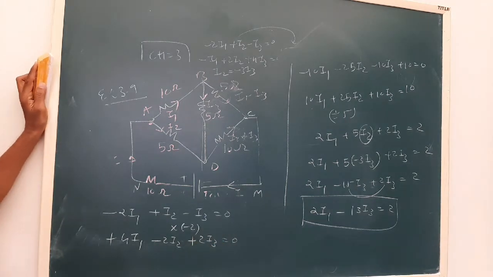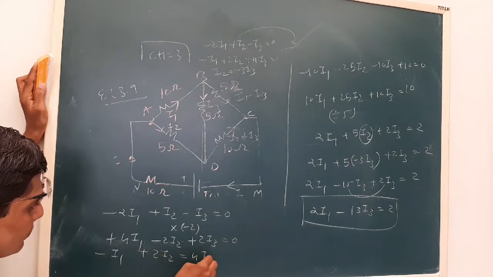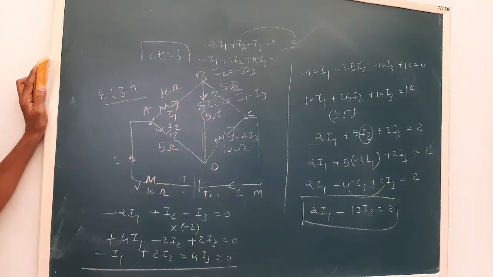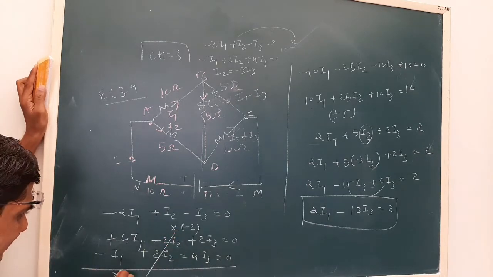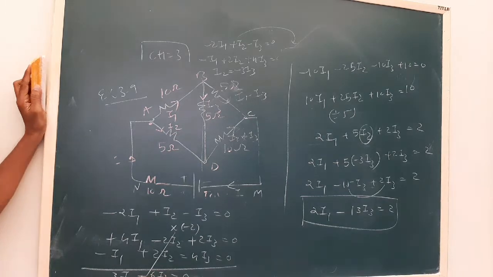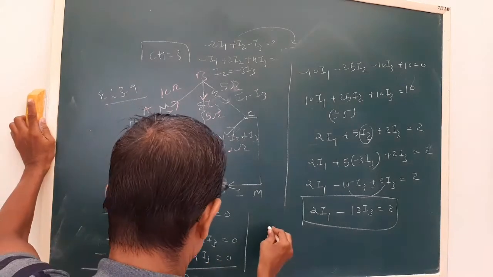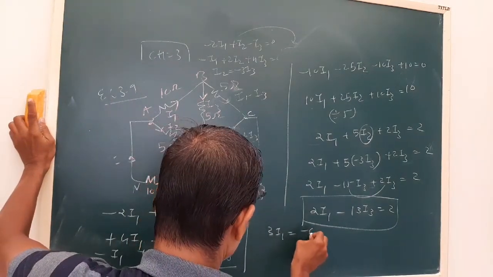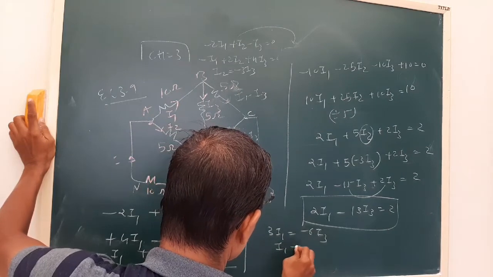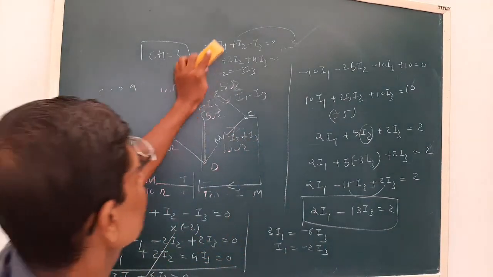And minus I1 plus 2I2 plus 4I3 is 0. Now if I simplify, 3I1 plus 6I3 is 0. So 3I1 is minus 6I3, I1 is minus 2I3. Now that we can substitute.